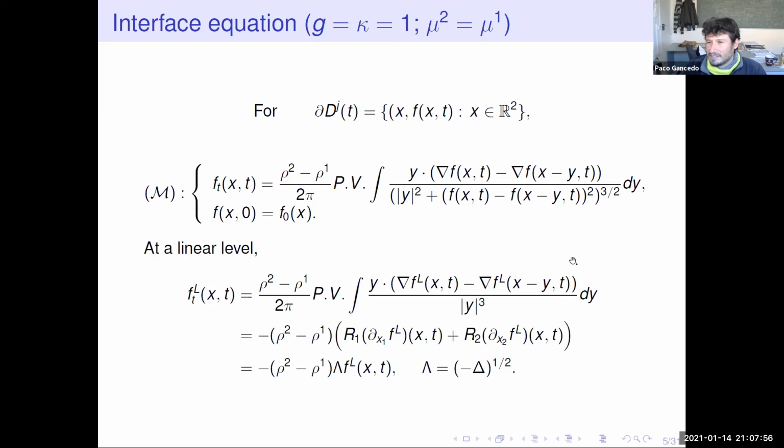So let's linearize, okay? The main reason to show you this equation is because now we can linearize, okay? And well, linearizing here is very easy because you have a square term here. So I'm gonna drop this square term and then I get this linear equation, okay?